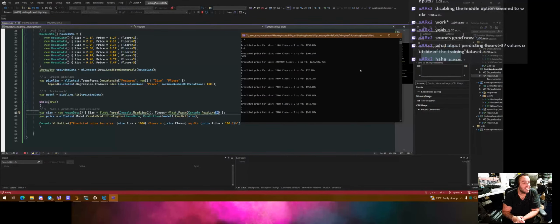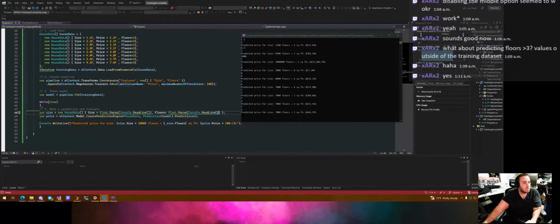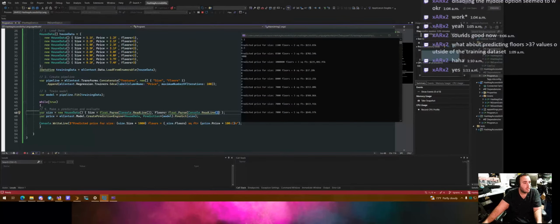So, predicting floors greater than three, values outside the training set. Yeah, so this kind of makes sense, right? This totally makes sense.